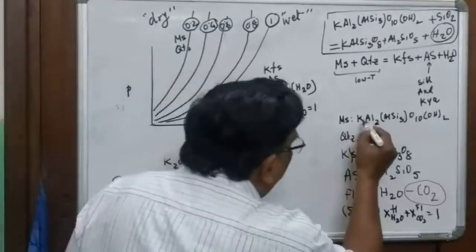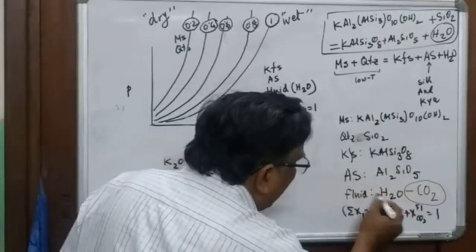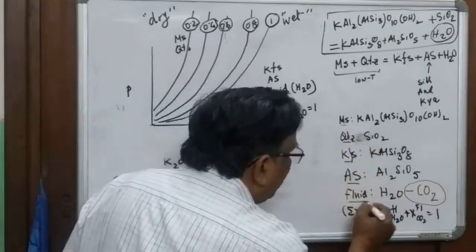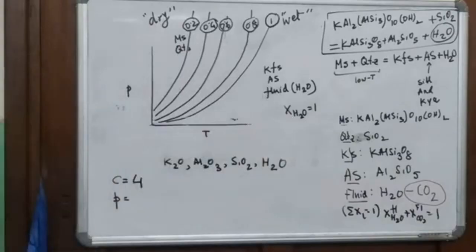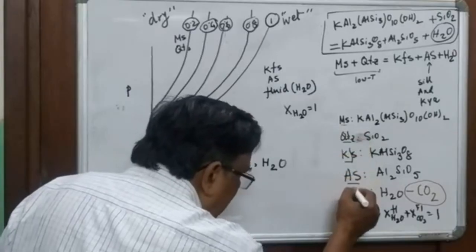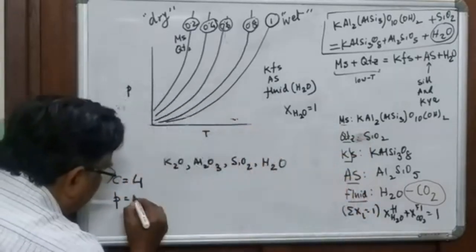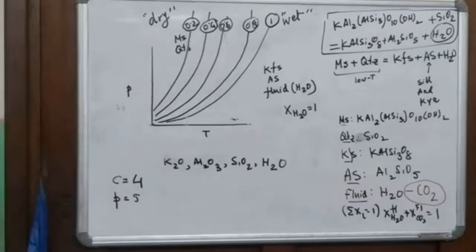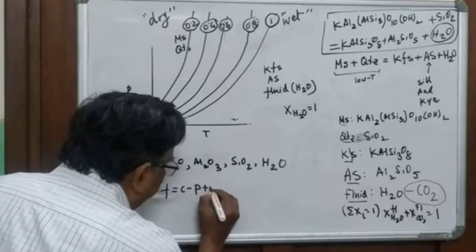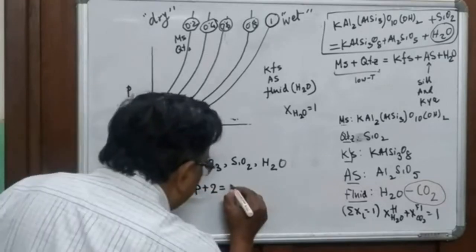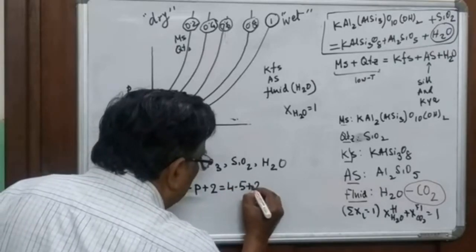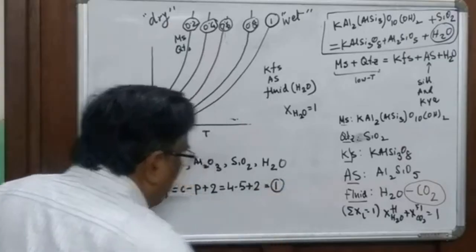You can see 1, 2, 3, 4, 5. P is equal to 5. So F is equal to C minus P plus 2, which is 4 minus 5 plus 2 equals 1.